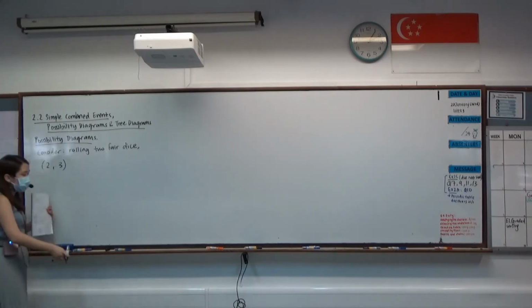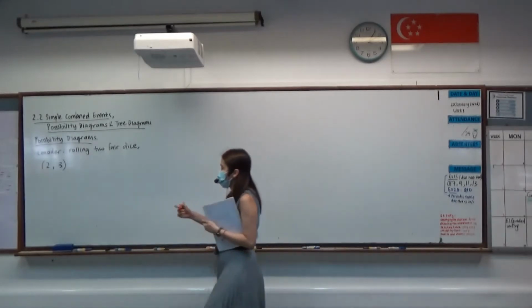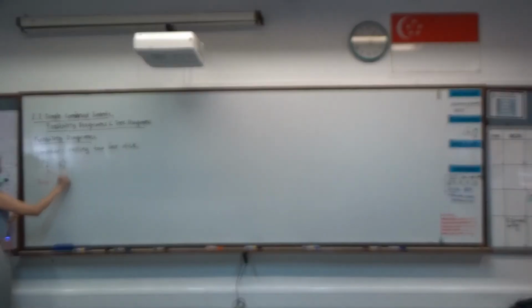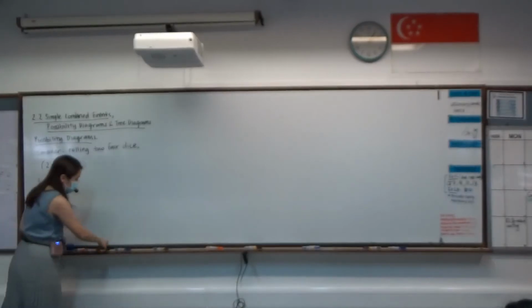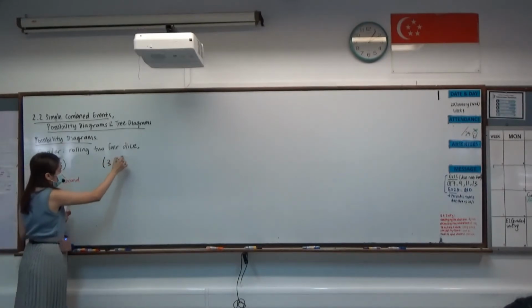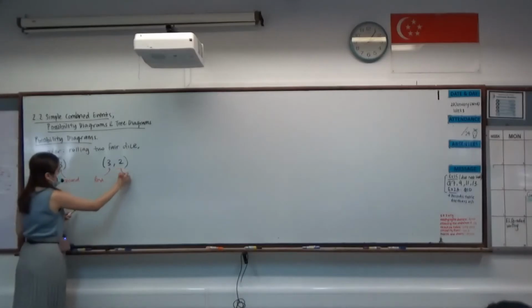If I write it in this manner, 2 is the number shown on the first die and 3 is the number shown on the second die. Okay, so we're defining it this way. Of course, I can also have it the other way around: 3, 2, where 3 is the first die and 2 is the second die.